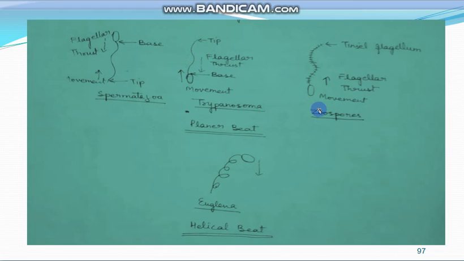So this is the movement in case of the zoospores, and this is a tinsel flagellum because it has the lateral hairs which are called flimmers, and this is the movement in the euglena. So in euglena it shows helical beats, and in spermatozoa, trypanosoma and zoospores it is showing planar beats, that is, in one plane. So these are the different types of movement in case of the flagellum.